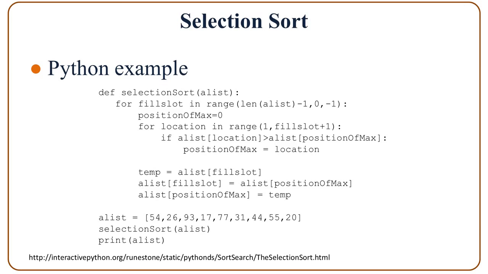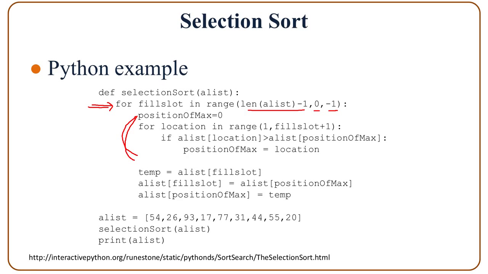In the code, the outer loop goes from the last element back to the first element with a step of -1. In each iteration, it looks for the maximum.